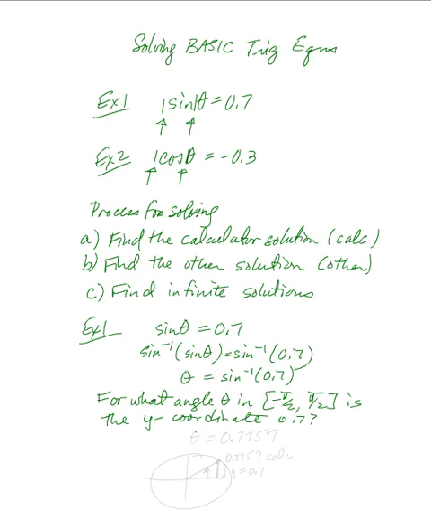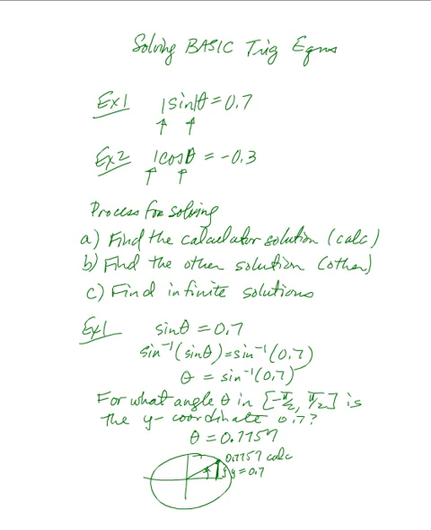So what it'll give you, it'll say theta is 0.7757. Now, what this means is, on a unit circle, somewhere where you rotate 0.7757, that the calculator gave you, this length here is y equals 0.7.